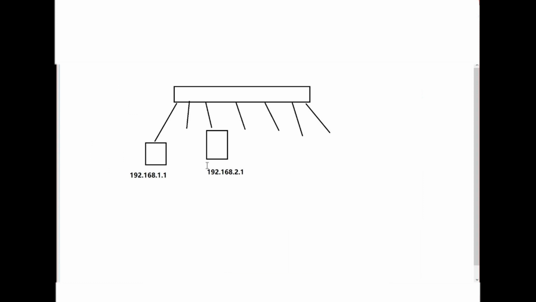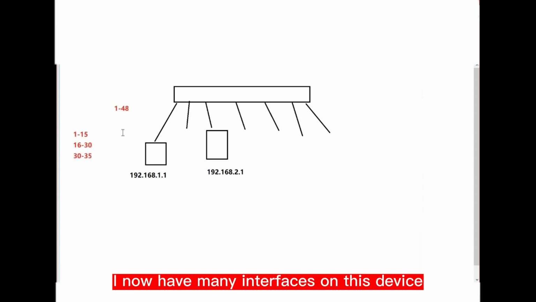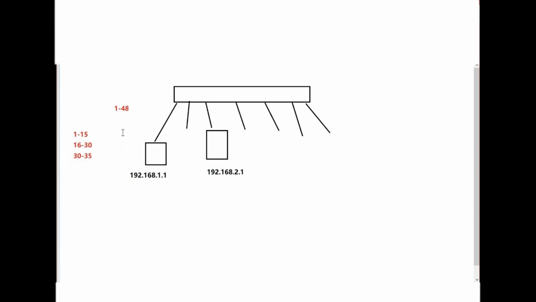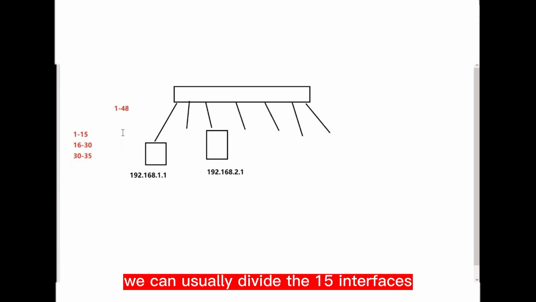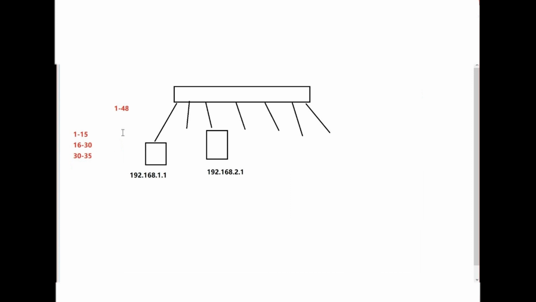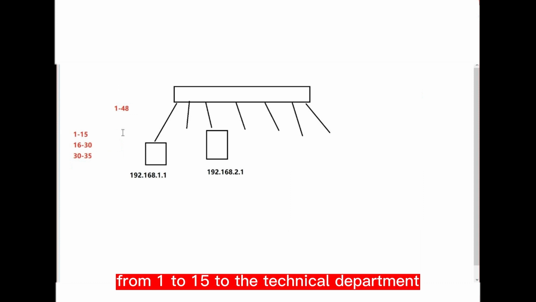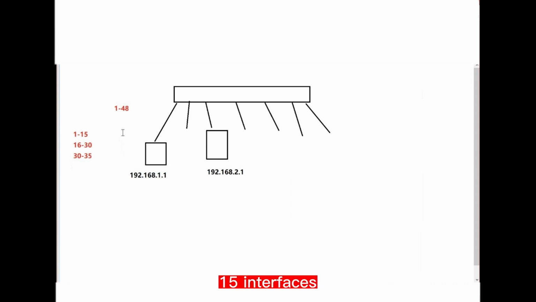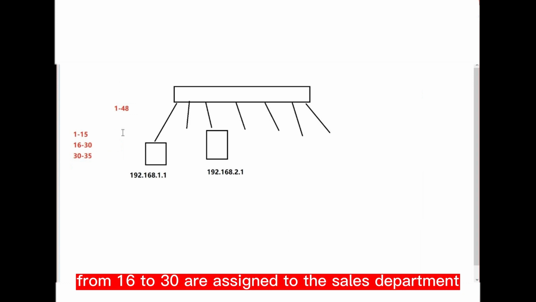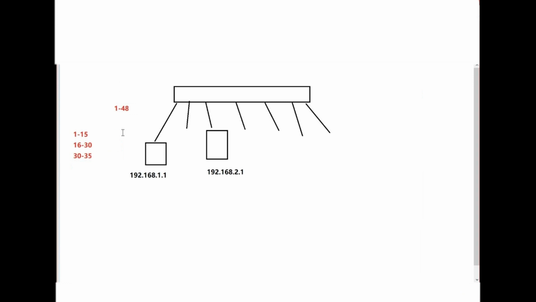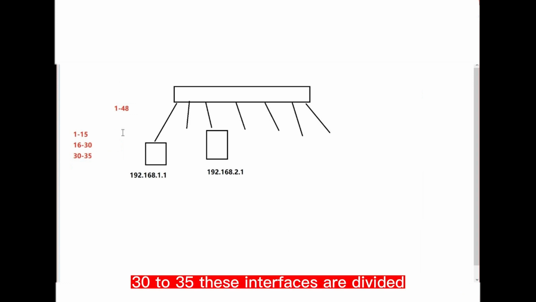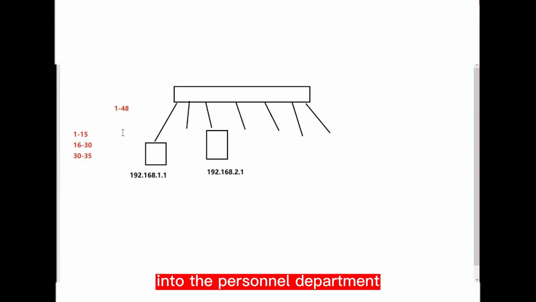For example, I now have many interfaces on this device, 1 to 48 interfaces, a 48 port switch. We can usually divide the interfaces: from 1 to 15 to the technical department, 16 to 30 are assigned to the sales department, and 30 to 35 are divided into the personnel department.